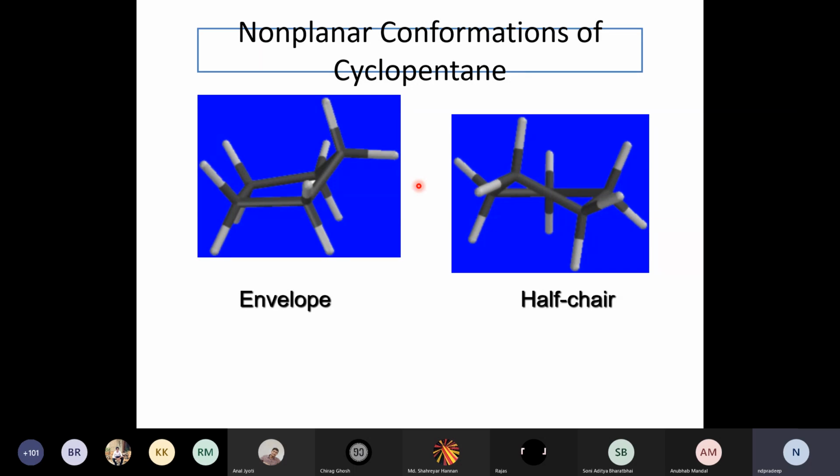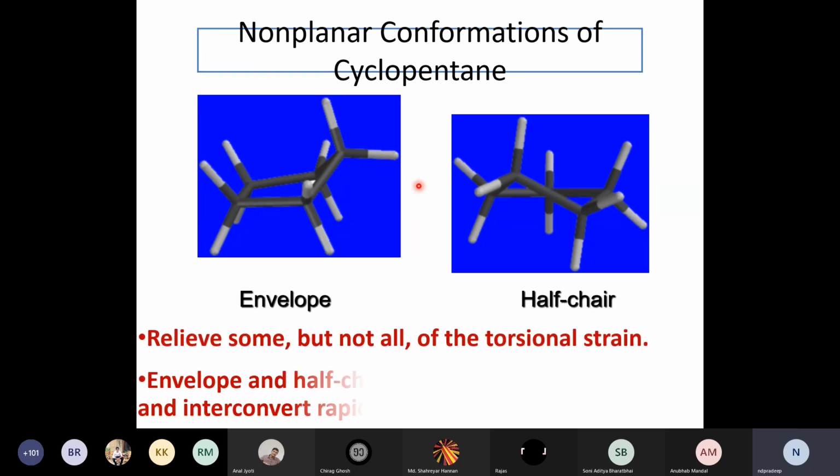One is your envelope form, another is your half chair form. Envelope form and half chair form. And these two forms interconvert rapidly. That's why you don't see them separately, but both exist.